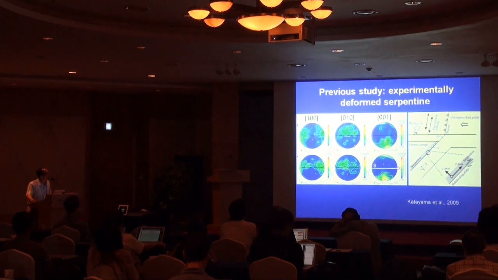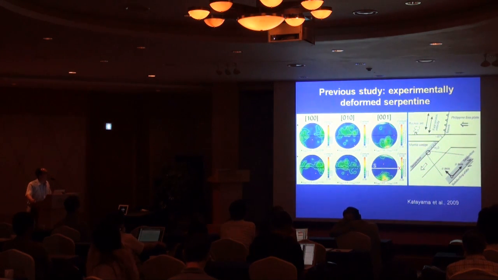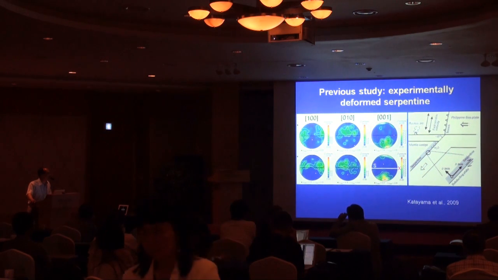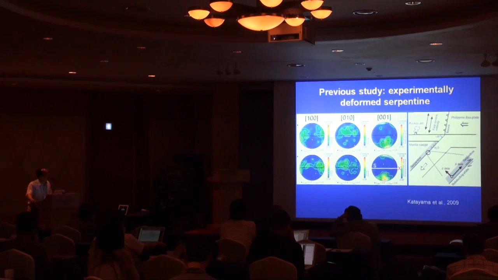There was a nice initial study on serpentine fabrics by conducting high-pressure, high-temperature experiments. Pressure was at 1 gigapascal, 30 kilometer depth pressure. Temperature was 300 degrees C and also 400 degrees C. X shows the shear direction. S is the shear plane.